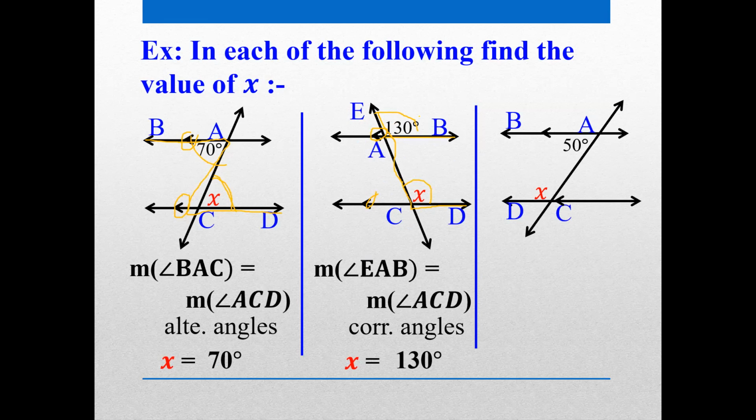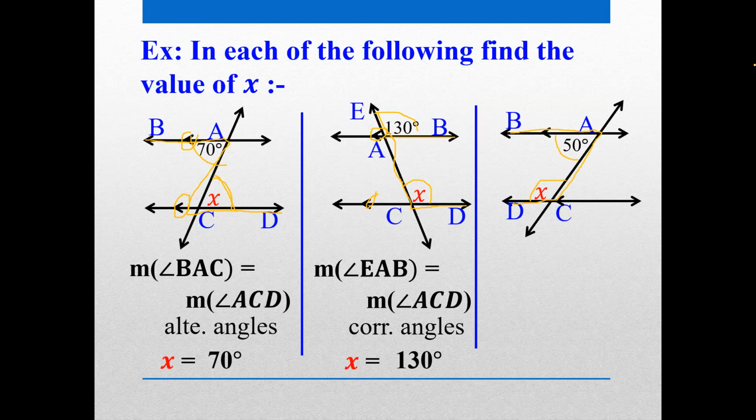Another example. BA and DC are parallel and AC is a transversal. Angle BAC equals 50 degrees. And the relation between BAC and ACD, this angle, is what? In the form of the letter U. So the two angles are interior angles, and the interior angles are supplementary angles.